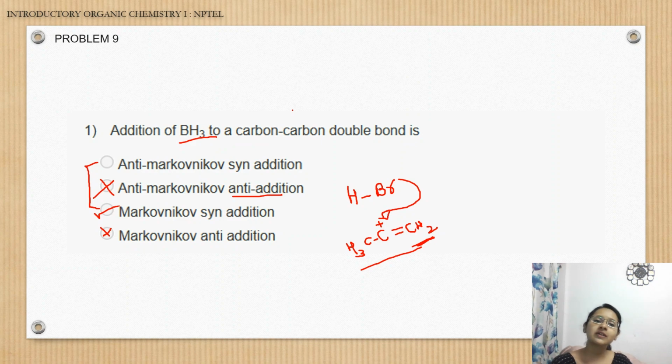So here also, for the hydroboration of a carbon-carbon double bond, it is one kind of Markovnikov because the hydride, H minus, is adding to the more substituted carbon. That is why the correct option will be the Markovnikov syn addition. Is it clear to all of you? Any doubts?